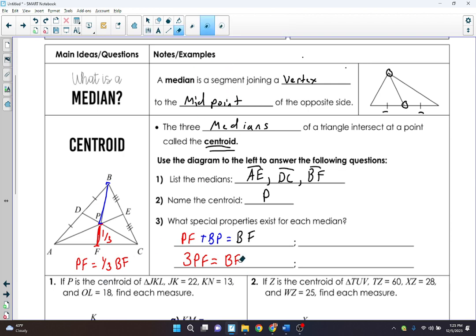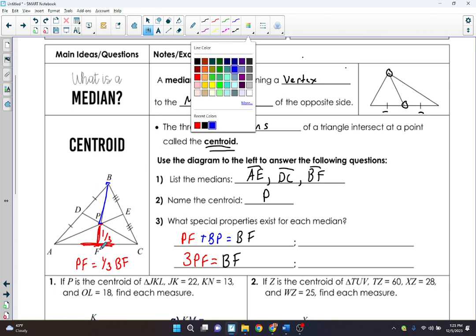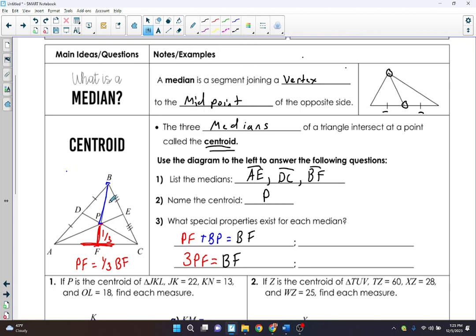Again, 3 of the small pieces, the one that touches the side versus the corner or the vertex, so that could be PE or DP, is going to be the whole line, which is BF. If this part is 1/3, we could conclude that the blue part is 2/3.